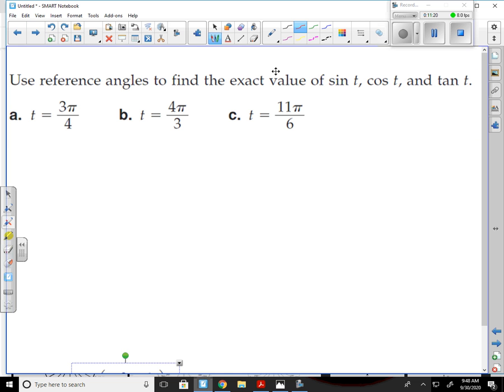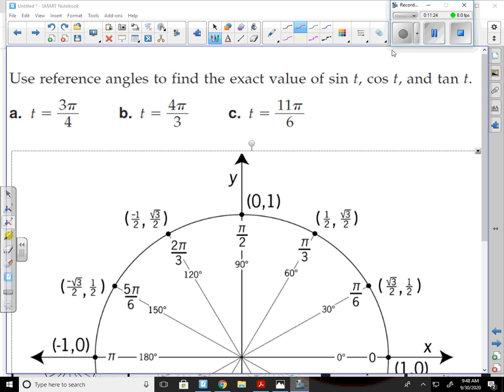All right, use reference angles to find the exact value of sine, cosine, and tangent. So the first thing I need to do is, where is 3 pi over 4? Well, if I'm looking at it in fourths, pi is 4 pi over 4. 3 is not as big as 4, so 3 pi over 4 is going to be over here.